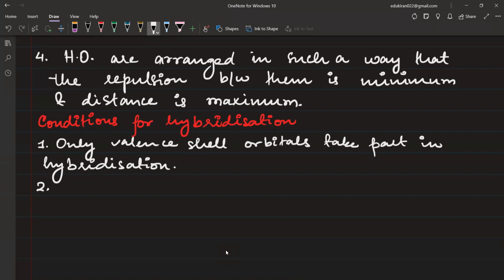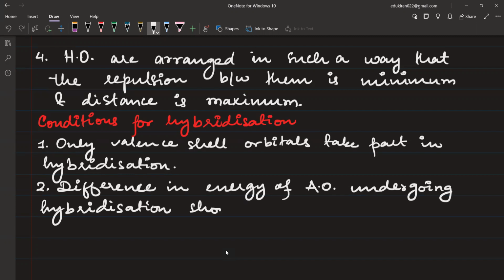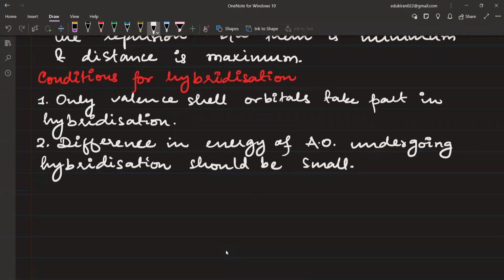Second, the difference in energy of atomic orbitals undergoing hybridization should be small. There should not be a very huge difference in energy of the atomic orbitals.